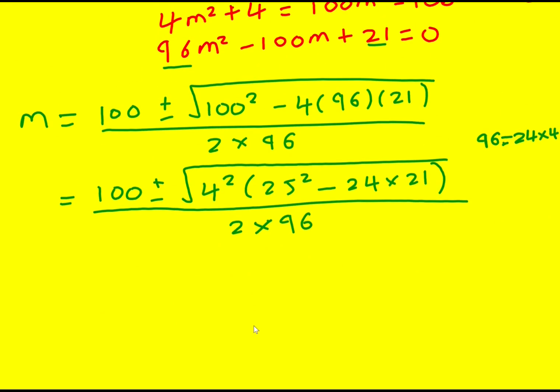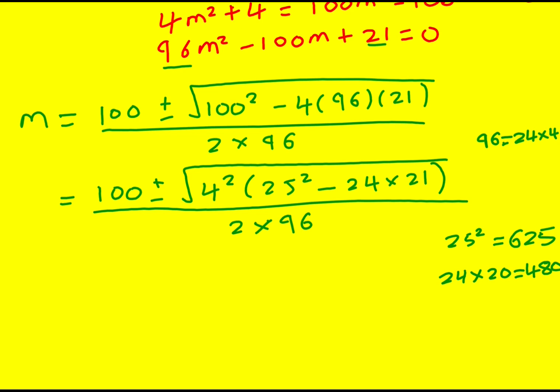Right, well, I think 25 squared, I actually know that one. It's worth knowing a few square numbers like this. It's 625 because it's 5 to the power 4. 25 times 21, I don't know, but I do know that 24 times 20 is going to be 480.